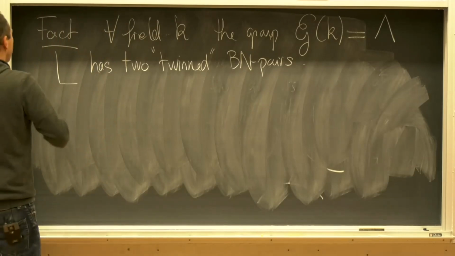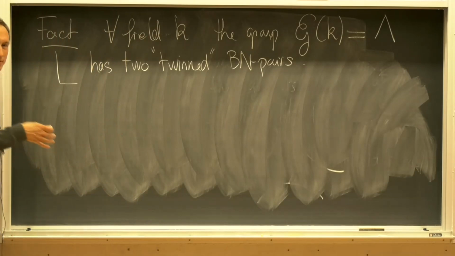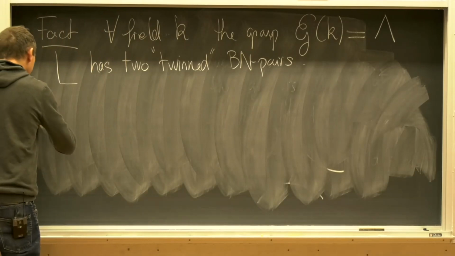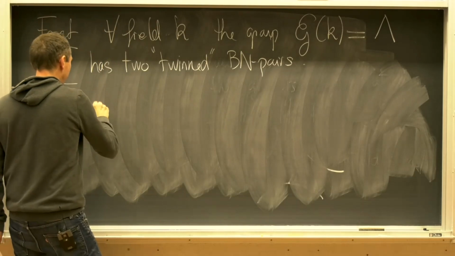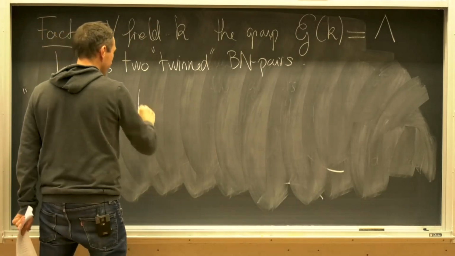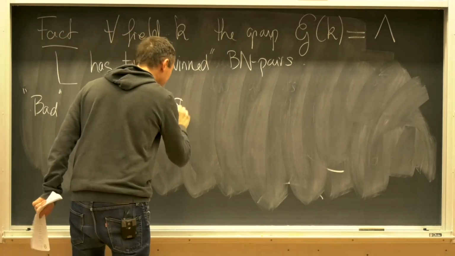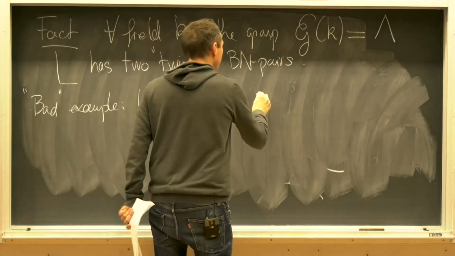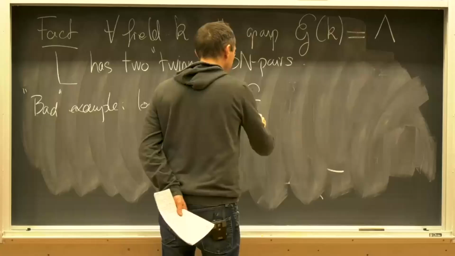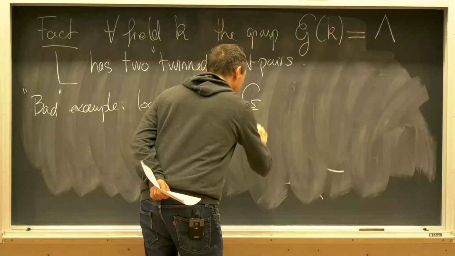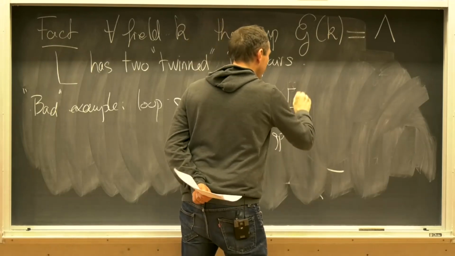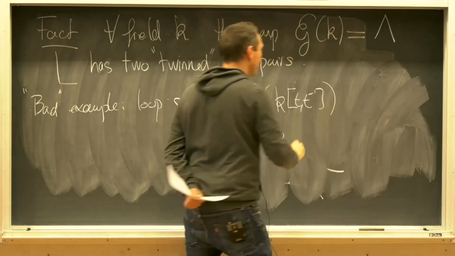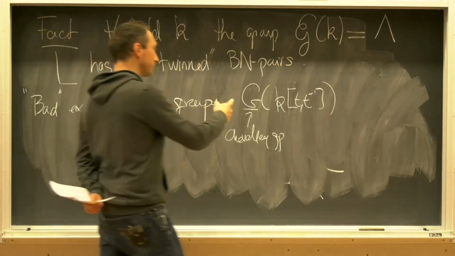Okay, so typically, a bad example for me, which was very good in previous talks, is the following. It's the classical case. Okay, let me call it a bad example in my context. Loop groups, sorry. So typically, if you consider G, you take your favorite Chevalley group scheme, you evaluate it on K, on Laurent polynomials with coefficients in K. This will not be a Kac-Moody group.